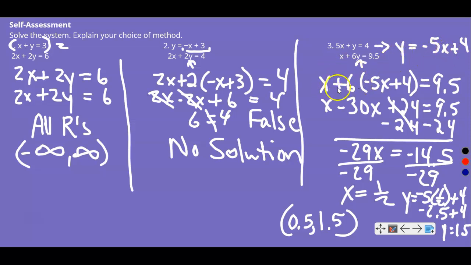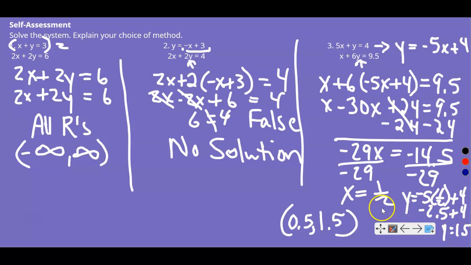All right, so I'm going to have x plus 6 times y equals negative 5x plus 4, so I'm going to substitute that in, equals 9.5. I come down through here and simplify. I get x equals 1/2, and then when I plug in 1/2 up here, I get y equals 1.5.